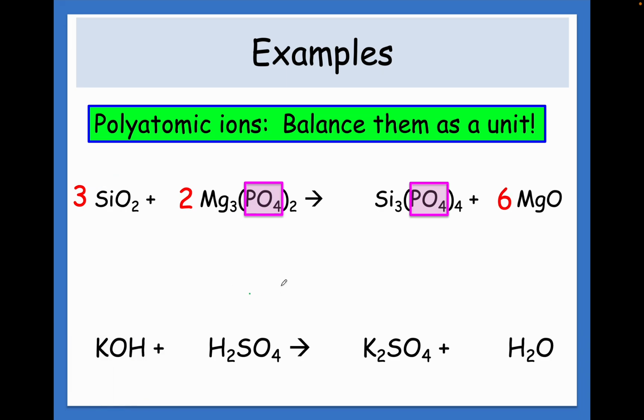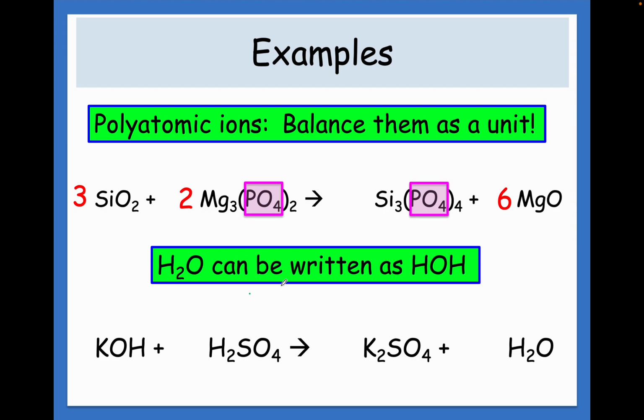All right. So if we take a look at the next one, this one is a polyatomic ion as well, right? Sometimes people get messed up by water. You can kind of uncross out water and make it HOH. So you have the OH here and you have the OH there. You can think of it that way. And then you have SO4 and SO4.